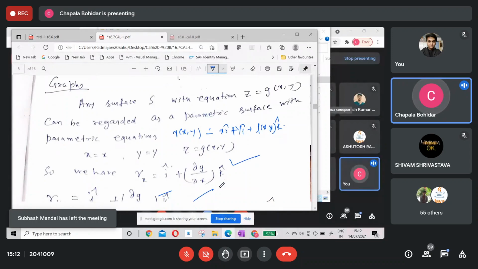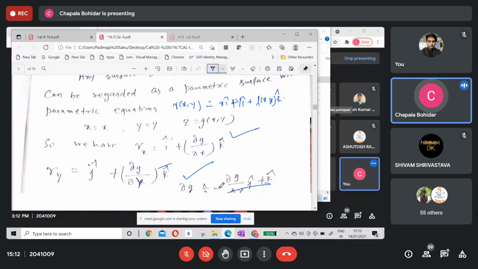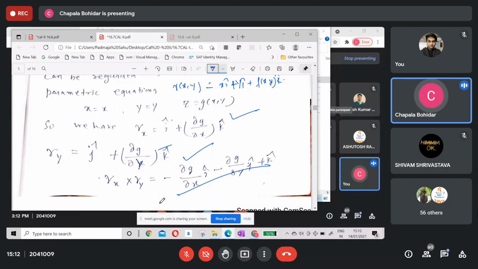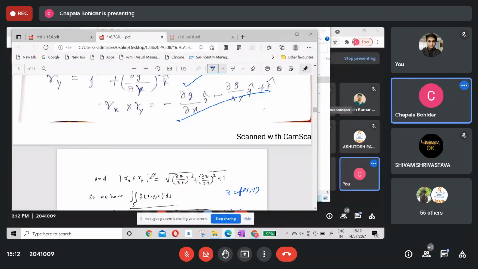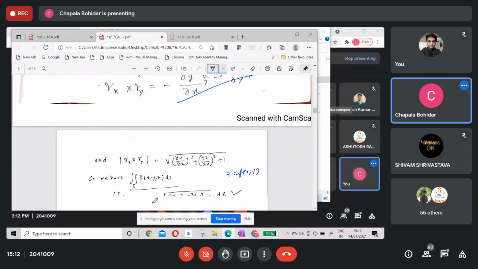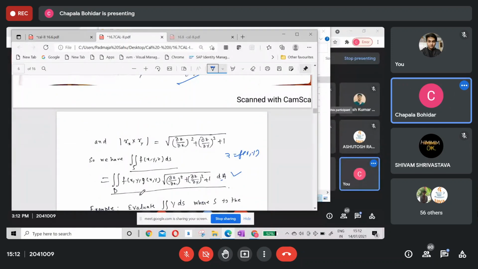Similarly we can get r_y. And by using the cross product, we get this value. The absolute value of this cross product is this one.